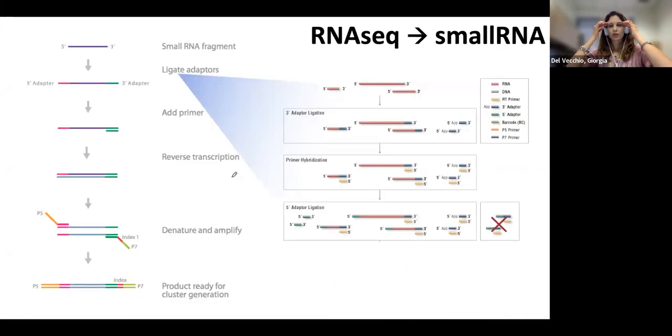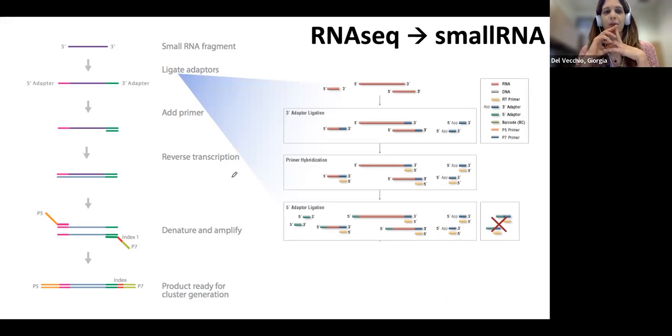Okay, so let's move to the small RNA sequencing. So small RNAs are quite different from all the other RNA. Unlike messenger RNA, they don't have the poly-A tail, and they're quite small. Do you know the average size for a small RNA?